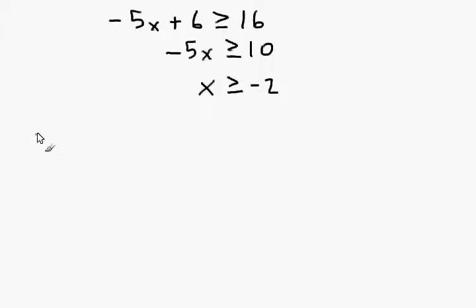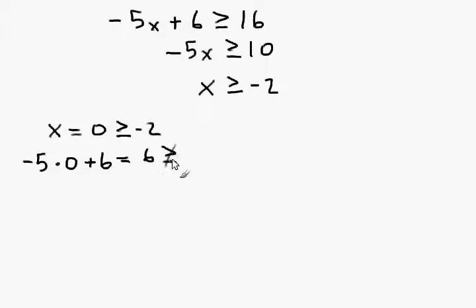Okay, let's test this out. First, we'll take a number that is greater than negative 2. Say 0. And we'll have minus 5 times 0 plus 6, which is 6, and 6 is not greater than or equal to 16.